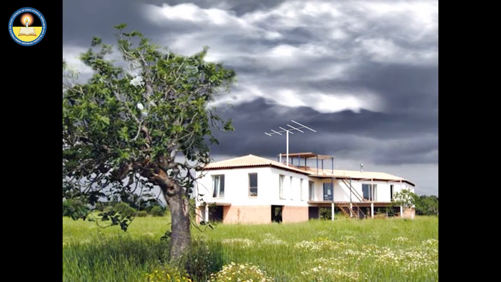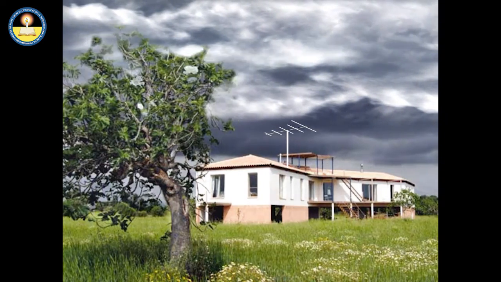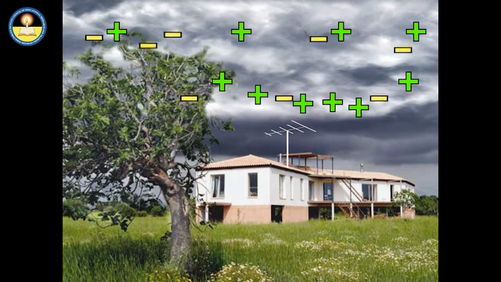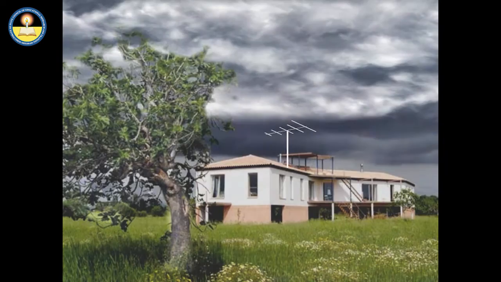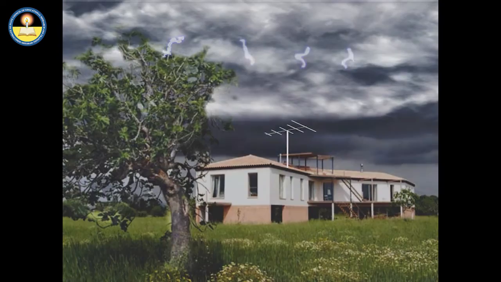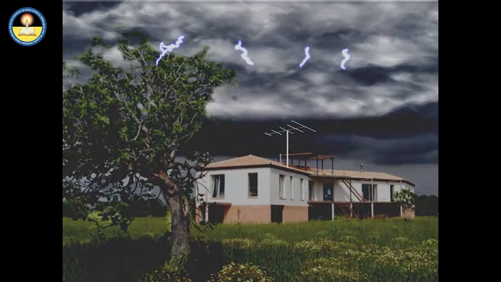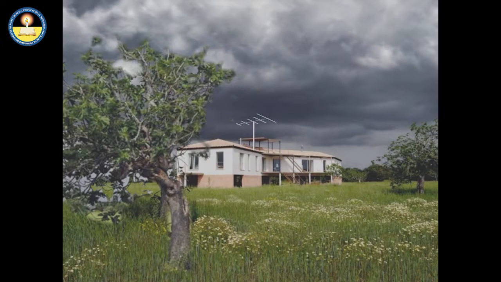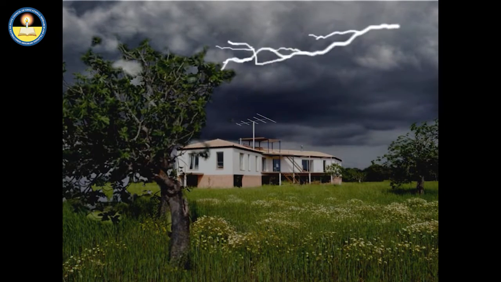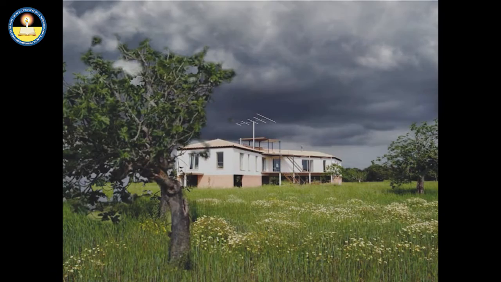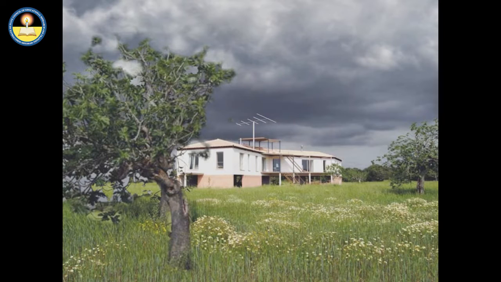When these two clouds come close to each other, the charges flow from the cloud of higher potential to the cloud of lower potential despite an insulating layer of air between them. The overheating of the layer of air and its sudden expansion causes a loud thunderous sound as well as a huge spark.